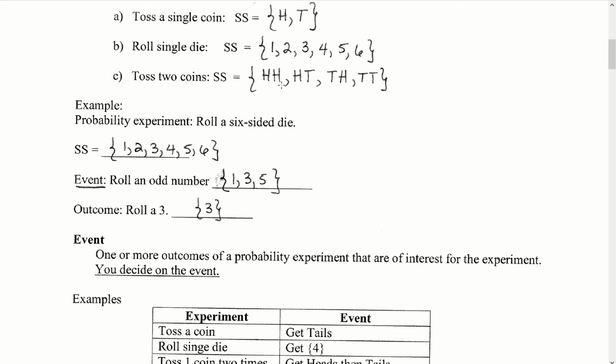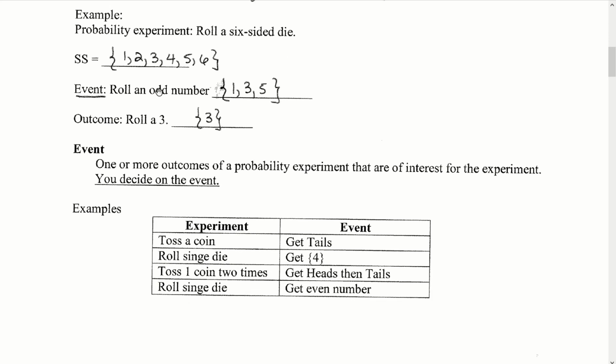That'd be heads, heads. It's possible that maybe the first coin shows a head and the second coin shows a tail. That's head, tail. Or the first coin could show the tail, the second coin could show the head. Or possibly maybe both coins show tails. That would be tail, tail. These would be the 4 outcomes that could result in the tossing of 2 coins.